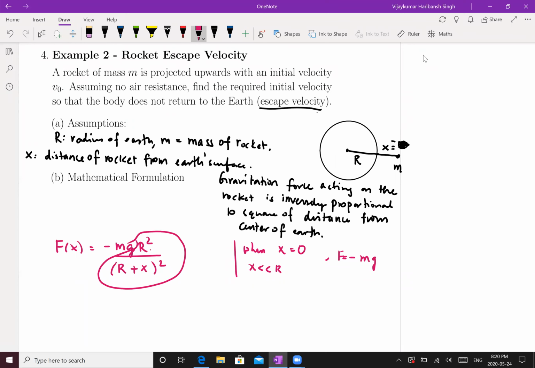So we get f equals minus mg. That happens when x is very, very small. That's what we use all the time for the force acting on an object very close to the surface of the earth.